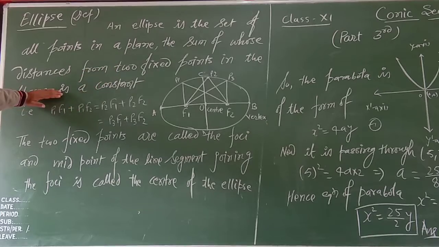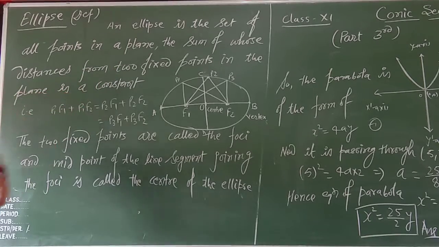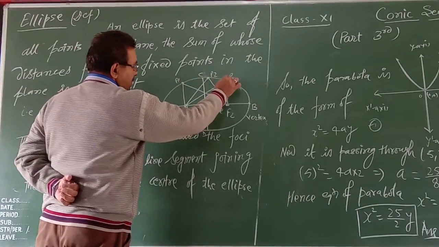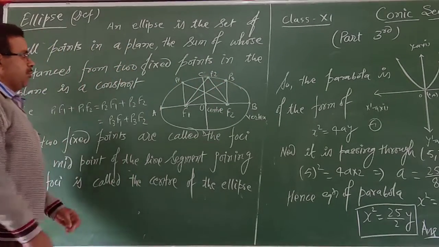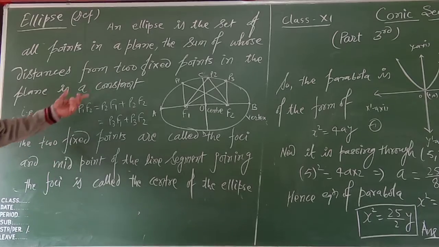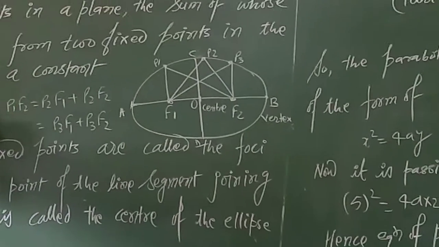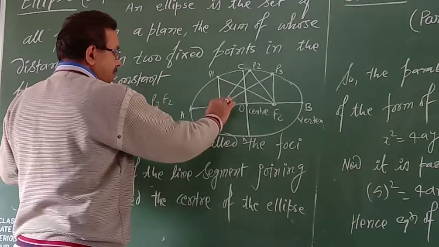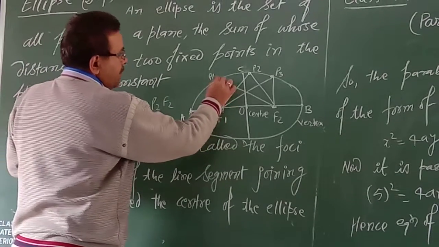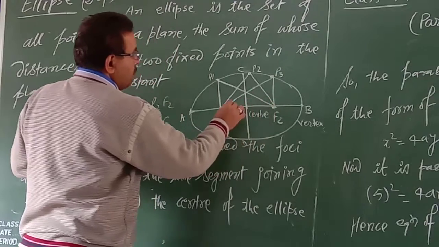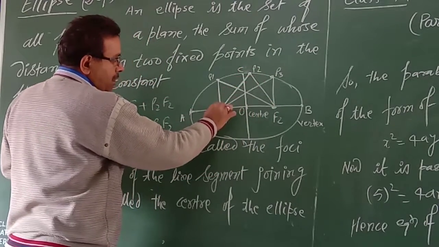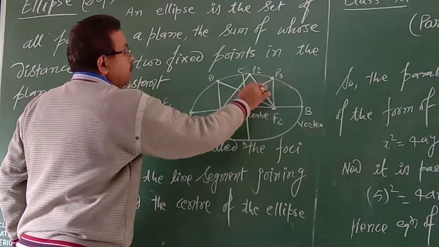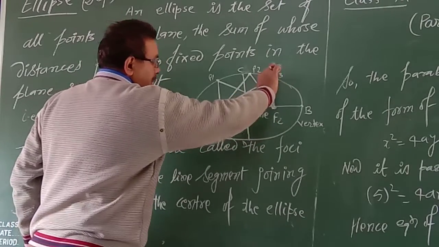That is, here if we have in the plane respectively, we are taking 3 points P1, P2, P3. That according to definition of the ellipse, P1F1 plus P1F2 is equal to P2F1 plus P2F2 is also equal to P3F1 plus P3F2.